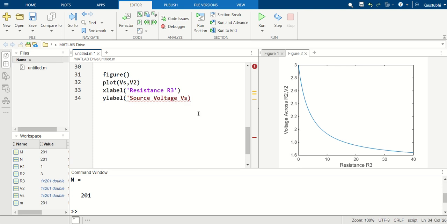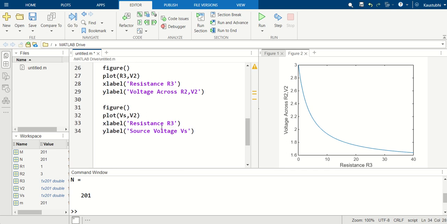You have source voltage variation and we will be plotting voltage across R3, right? I am making a little mistake here. What we'll do is make the X label as source voltage. That is, my source voltage is varying on the X axis, and the Y label as voltage across R2. Now you plot it.